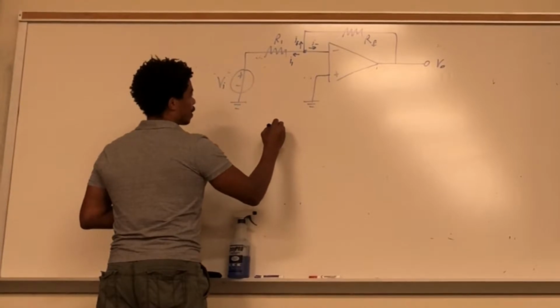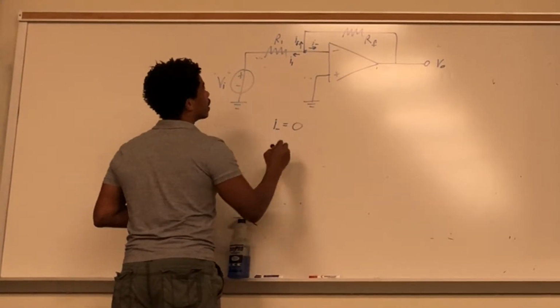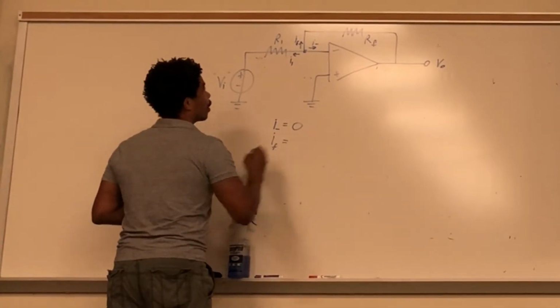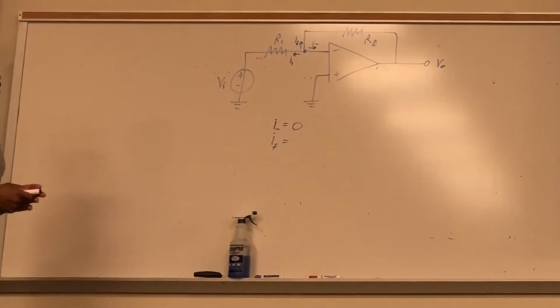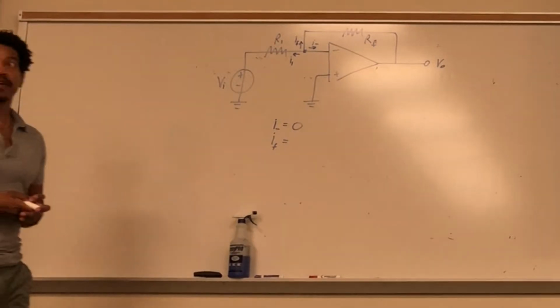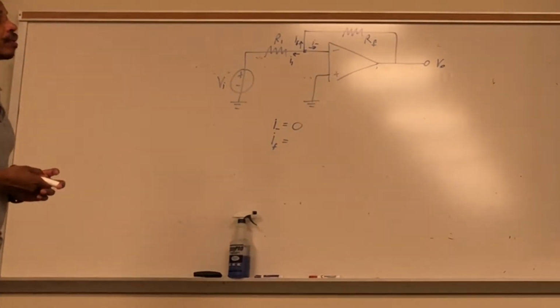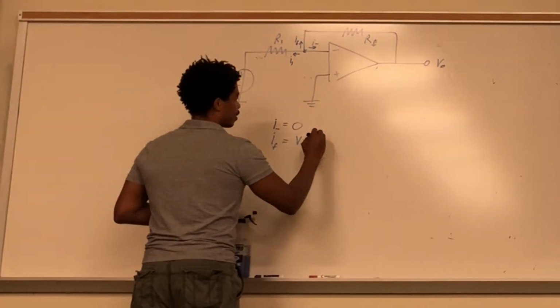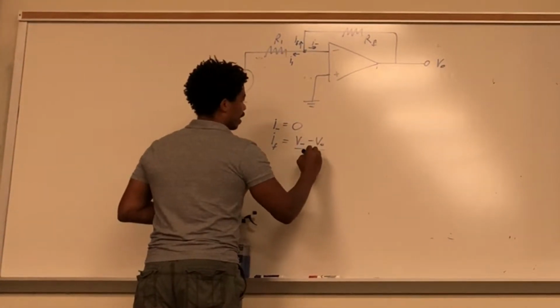I negative is going to be 0. IF, what's IF going to be in terms of Ohm's law? V negative minus VO over RF. Yeah, V negative minus VO over feedback resistance.